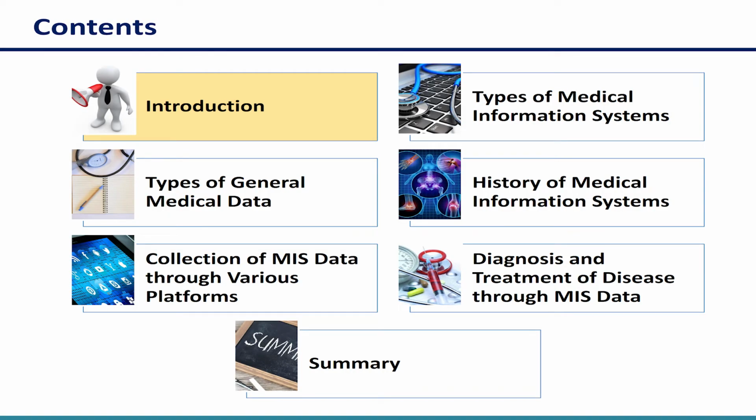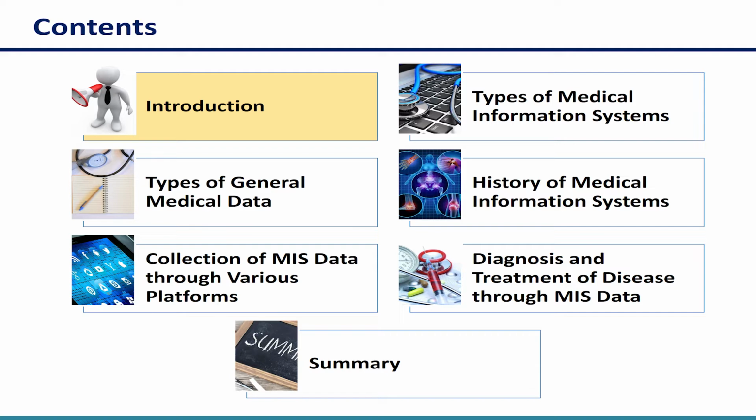We are going to introduce MIS. What is the MIS system? As I already explained, in the coming slides we're going to talk more about what MIS is, when it came, and how it was introduced. We will talk about the types of medical information systems, the general medical data, and how many types of data are stored in this MIS system.